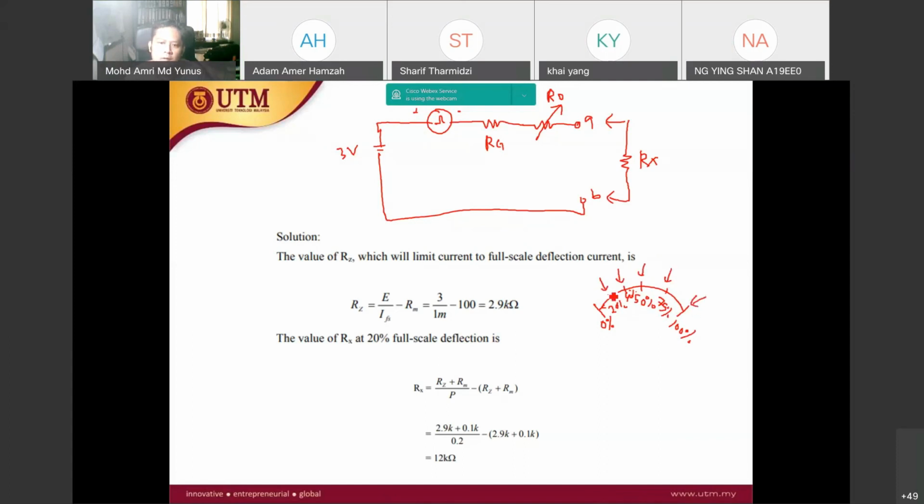Roughly, we want to know what the value is at those deflections. Here, of course, immediately you know that this is infinity. So what is the value at 100% and so on? We can use the ratio.